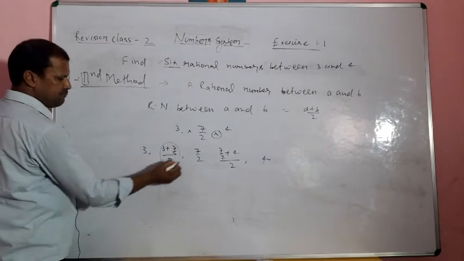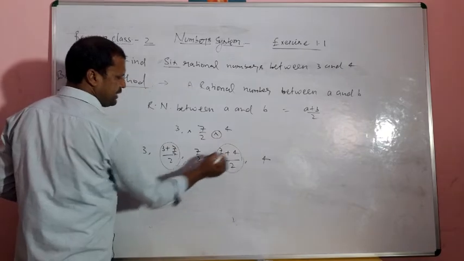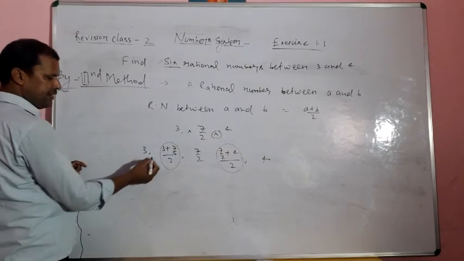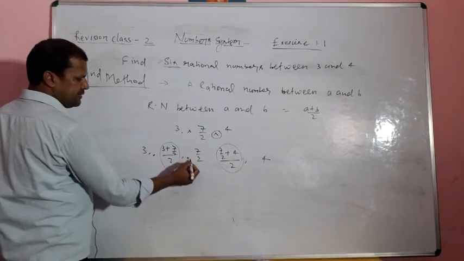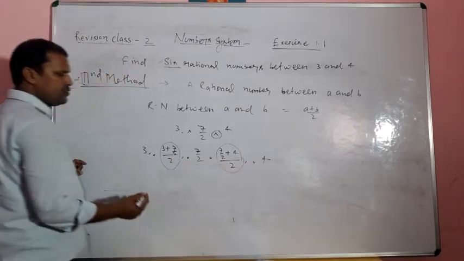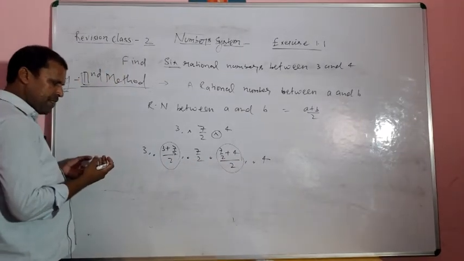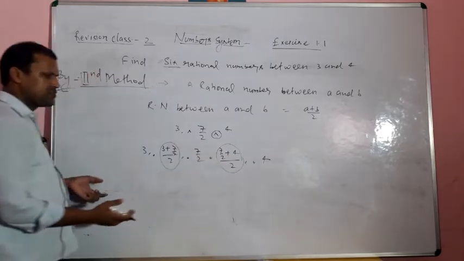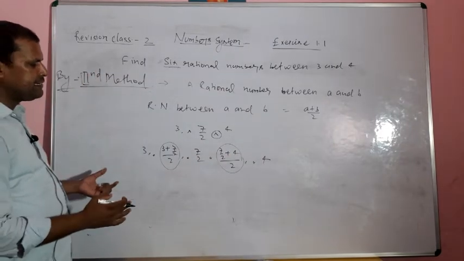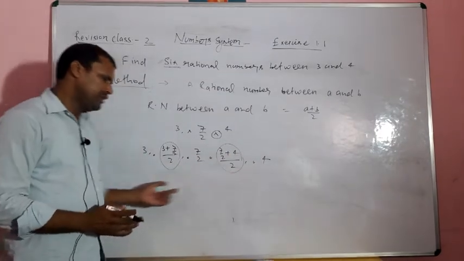Now we simplify it. After that, more places are there, here and here. After doing this process, we can insert infinite rational numbers between the two given rational numbers.